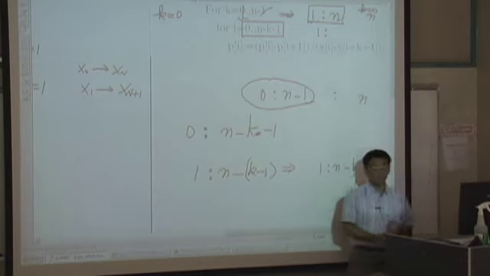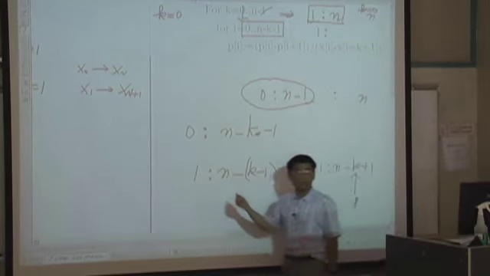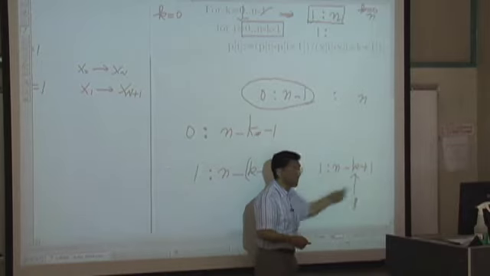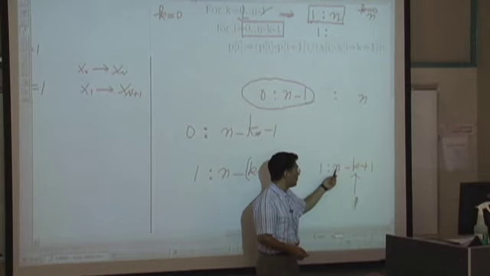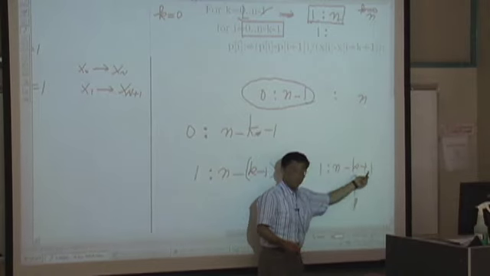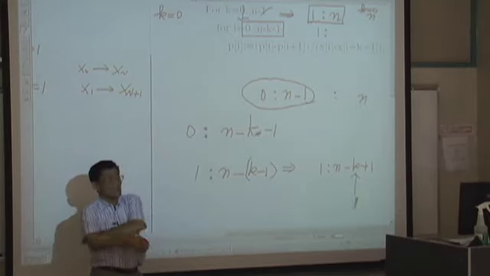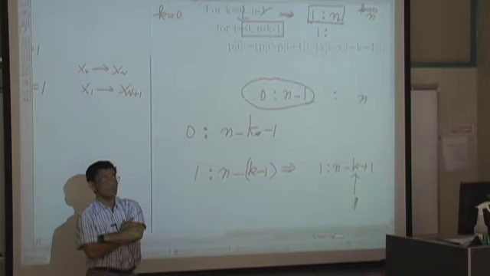K is 1-based index, so the smallest number possible is 1. Then total, how many terms are there? How many iterations are there? Total 1 through n minus 1 plus 1, n. Total n iterations. So this is the way we switch. N itself does not change, right?